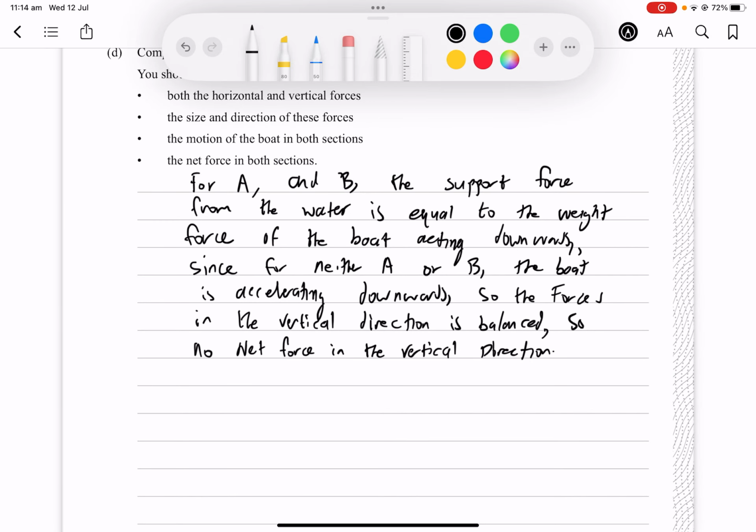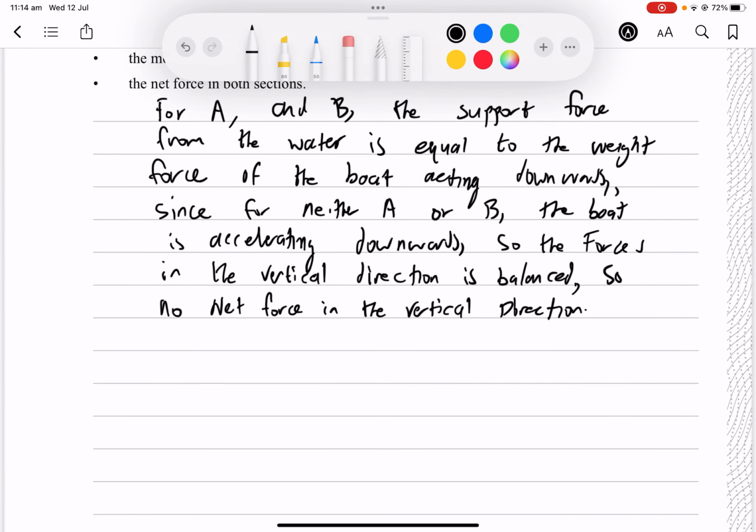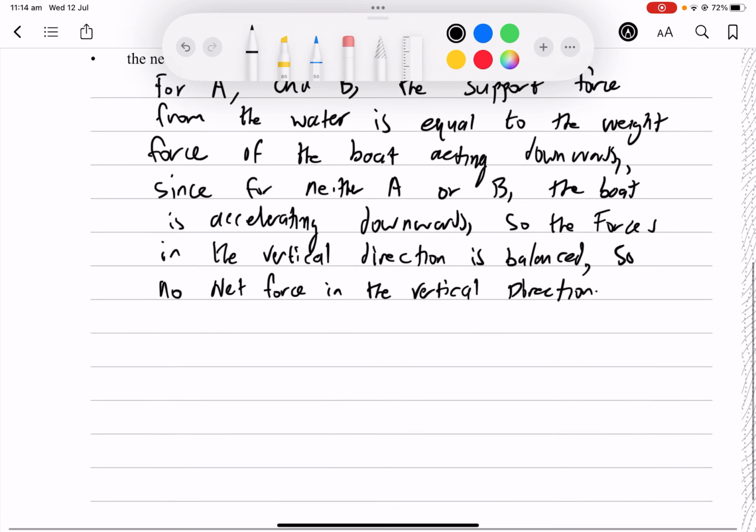Cool. Now we can look at the horizontal forces. In A, this boat is accelerating. So the thrust force in the direction it's traveling in is greater than the drag force.